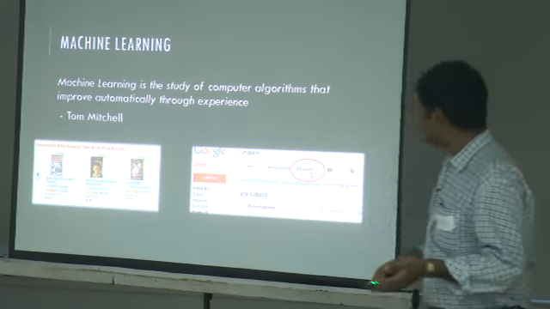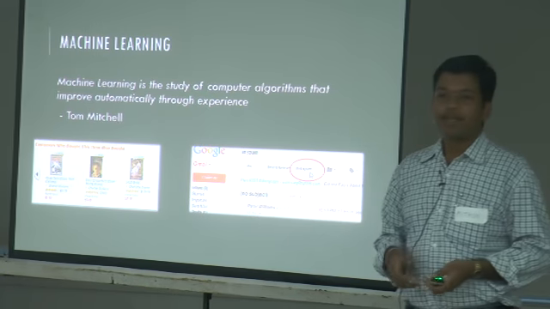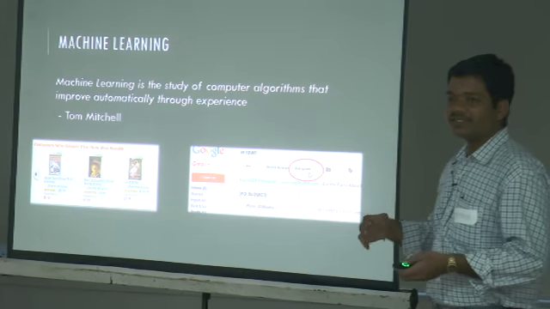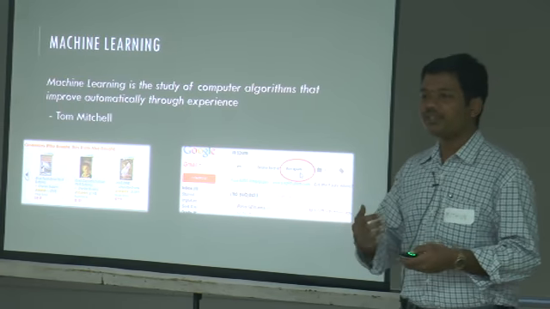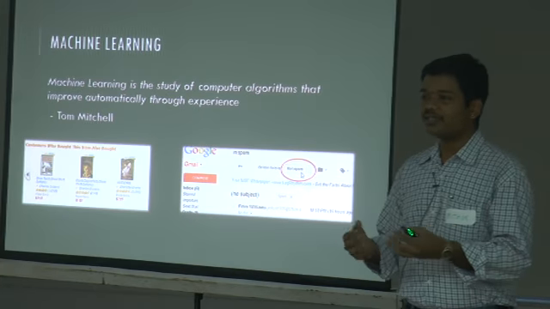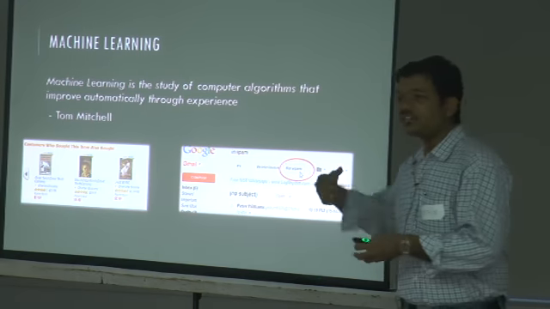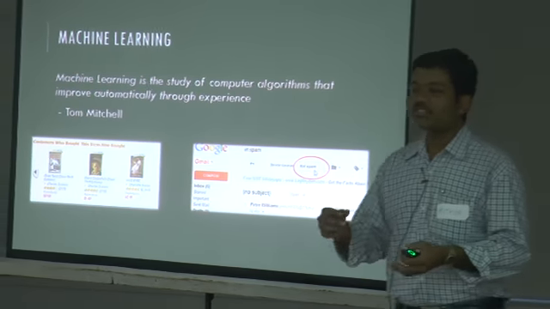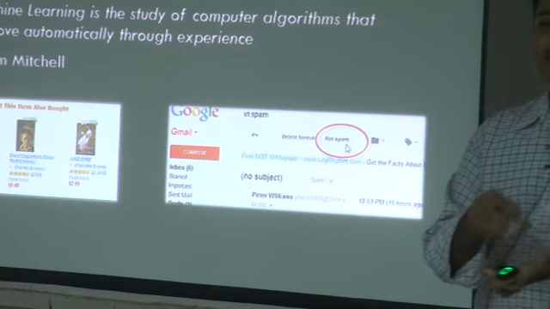Another easier one is this. You would have seen this. If you're using Gmail and you mark something as spam, going forward, if you receive a mail from the same sender, it would probably apply the spam filter itself and move it to the spam folder, right? It's not only based on how you categorize whether a mail is spam or not.